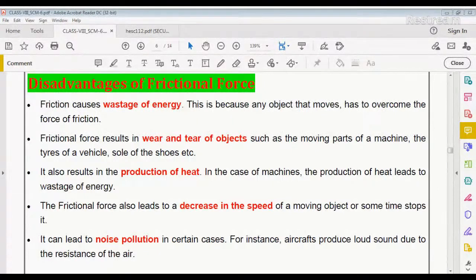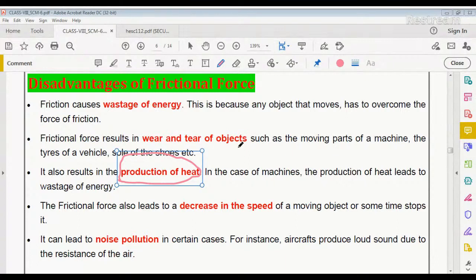The third one, production of heat. Friction can also produce heat. Vigorously rub your palms together for a few minutes. What will happen?